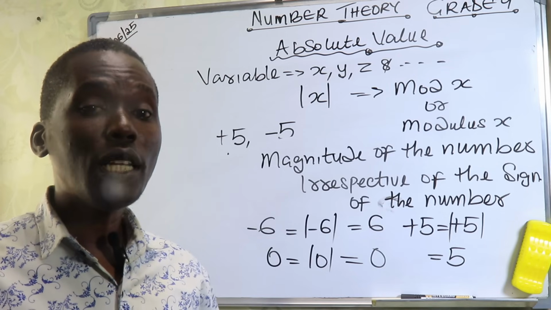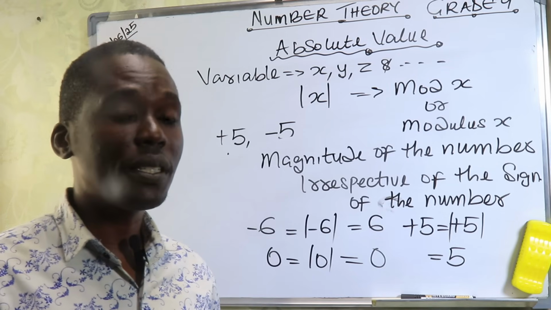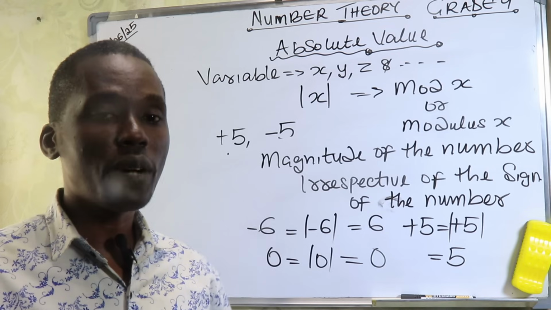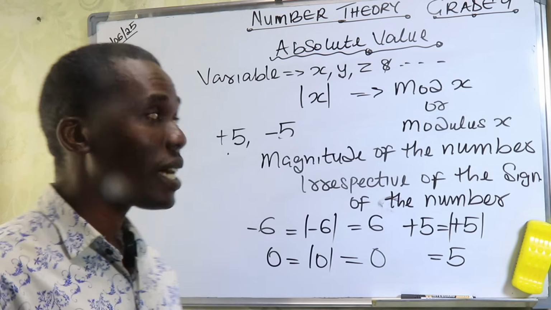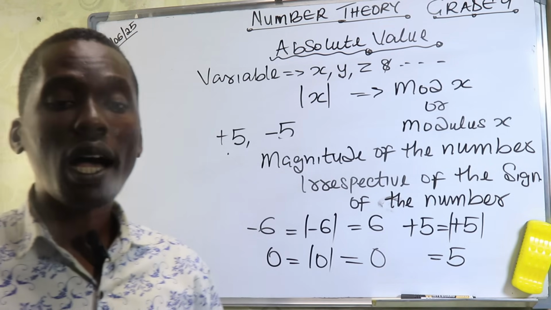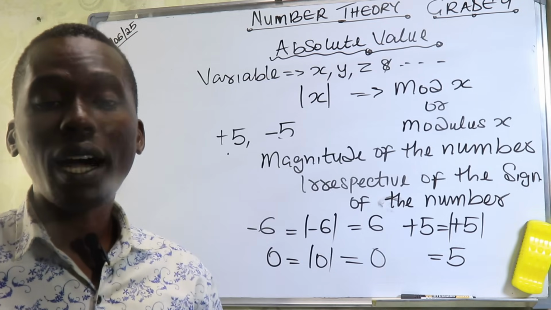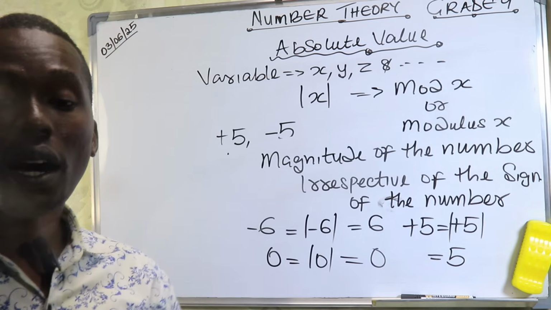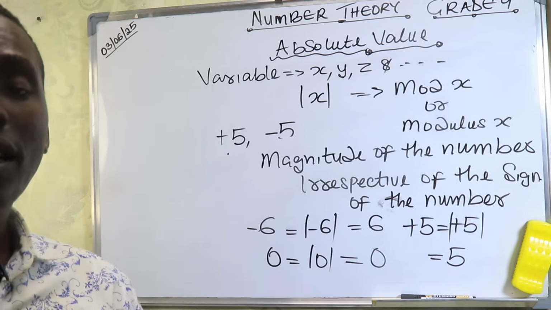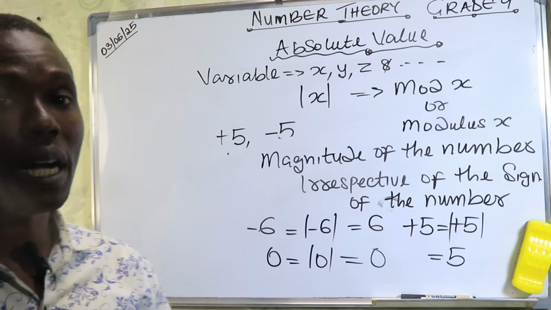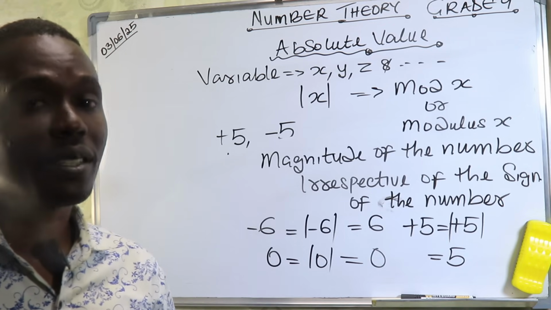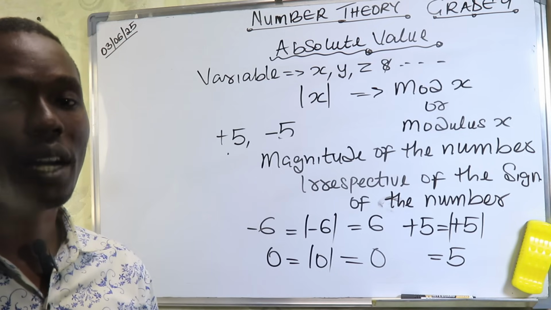So under number theory, we have seen what absolute value truly is. Absolute values are defined as the magnitude of that number, irrespective of the sign that the number carries.